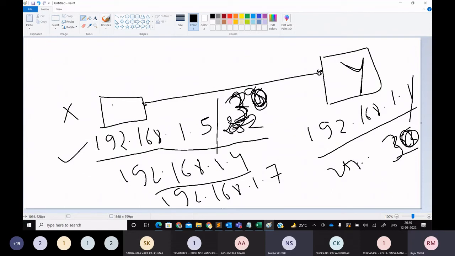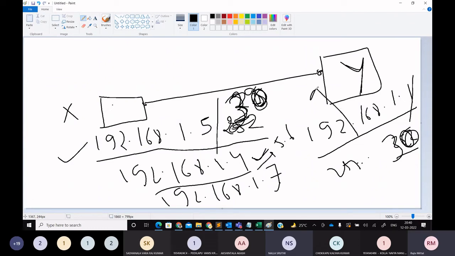Okay. Now tell me one thing. Will this 1.1 come in this network or not? Because here only 2 usable IPs are there, right? 5 and 6, because 4 is the network ID. Under this, 5 and 6 will be the 2 usable IPs, and then 7 is the broadcast.